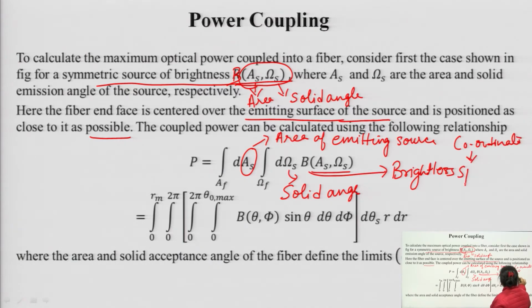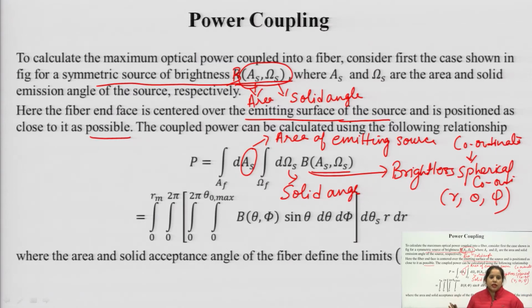Here we have taken a spherical coordinate system, r, theta and phi. When we take r as constant, the brightness B is a function of theta and phi. So, B of theta and phi, our solid angle is sin theta d theta d phi, and this is our incremental area.